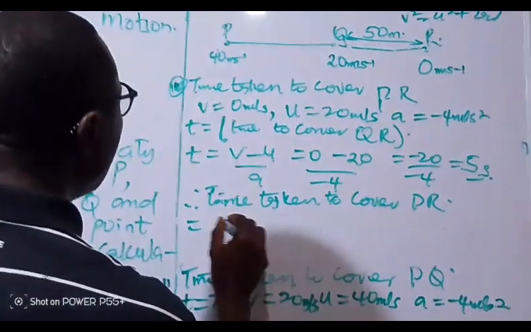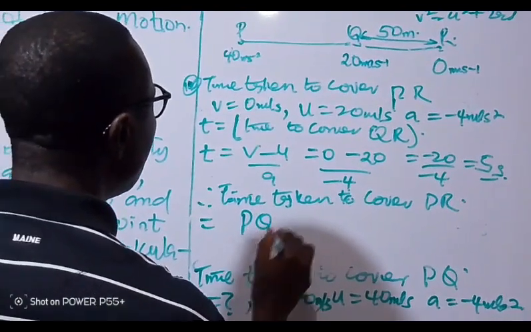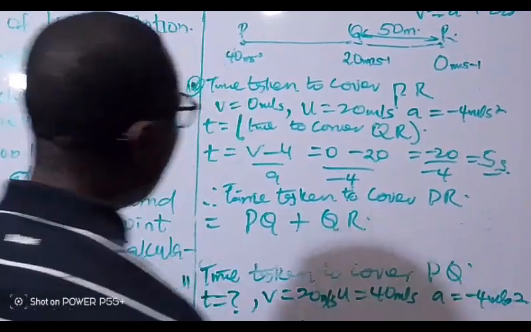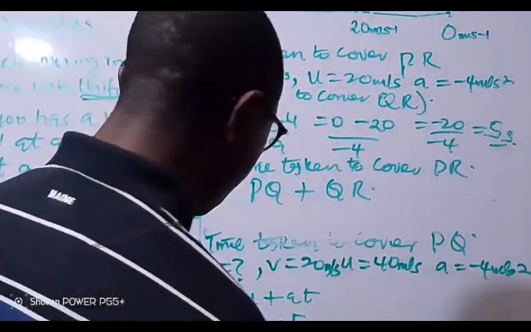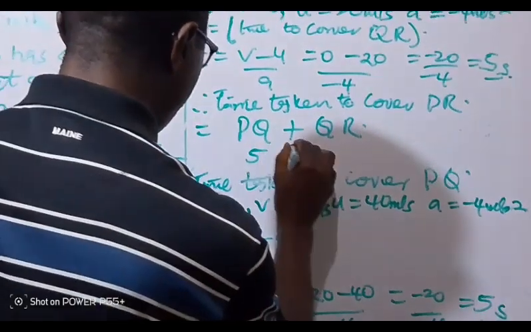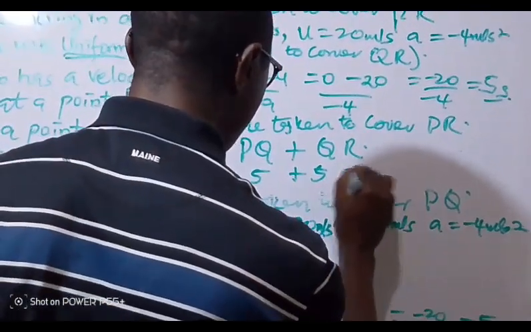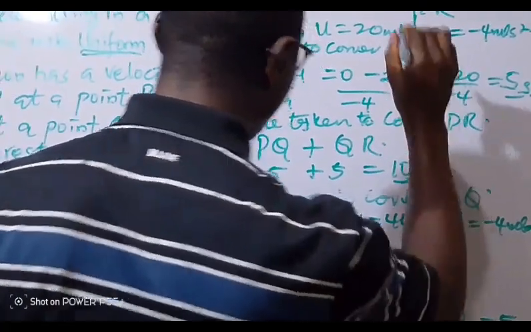That is, time taken to cover PQ plus time taken to cover QR. And time taken to cover PQ is 5 seconds. That is 5 plus 5. So the answer will give us 10 seconds.